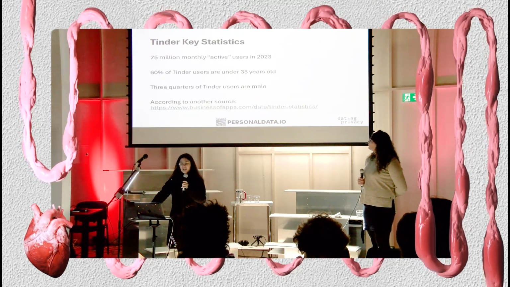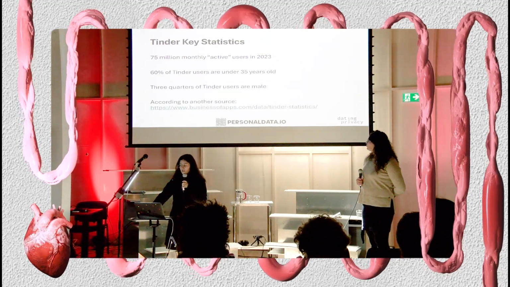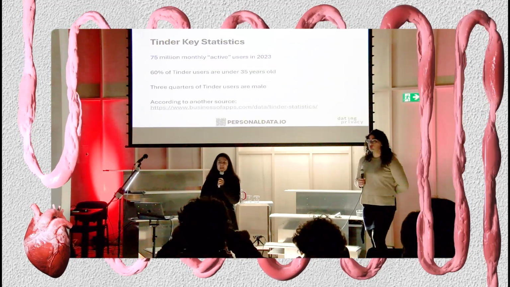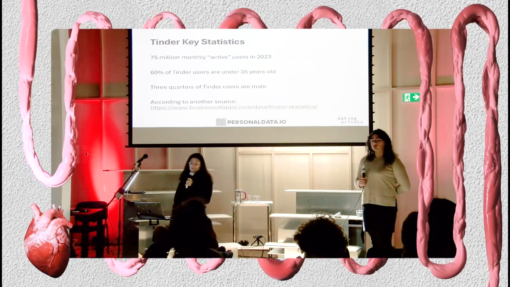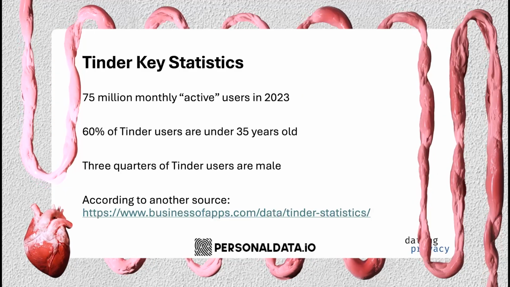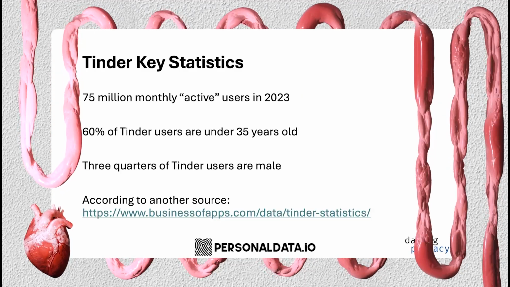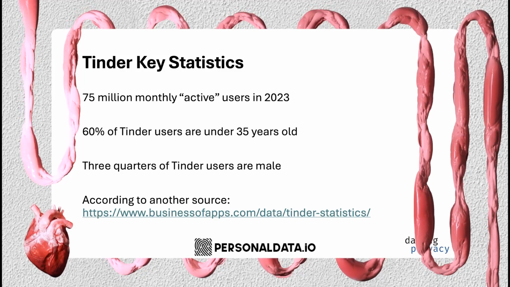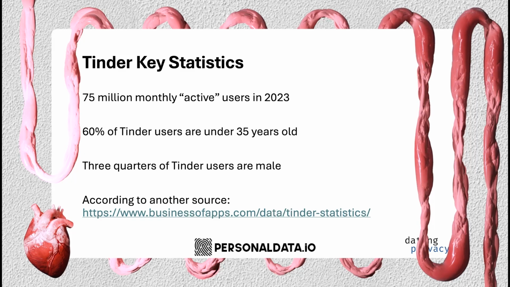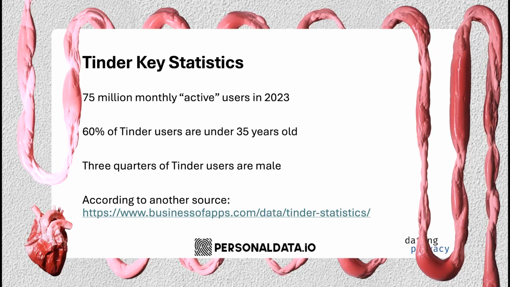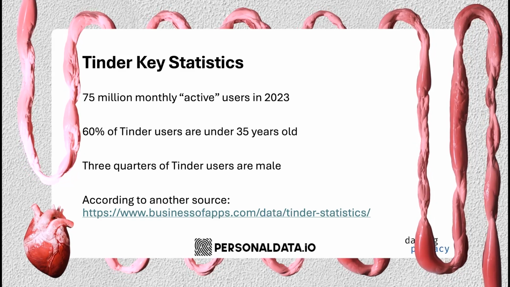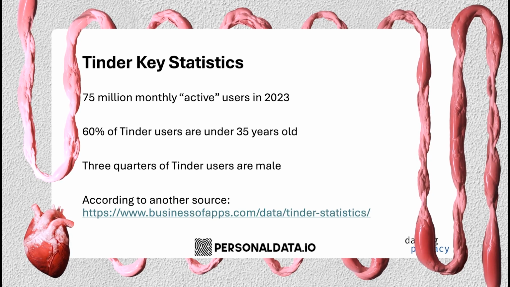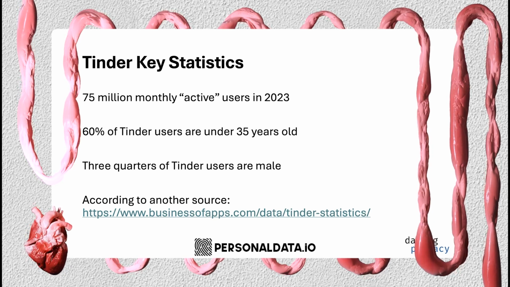I found online on other websites some statistics that we have to take carefully, but they give an idea. In 2023, there were 75 million monthly active users, without knowing what is really active. Some people delete the app, or they have an account but never come in. 60% of Tinder users are under 35 years old, and three quarters of Tinder users are male.